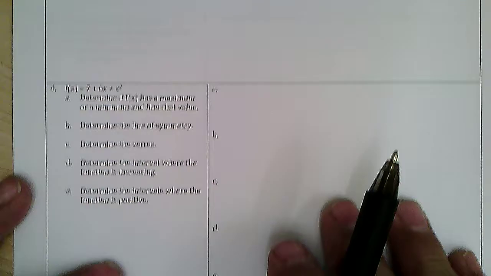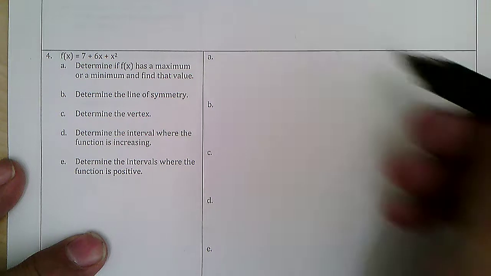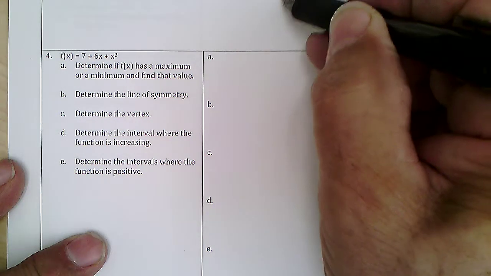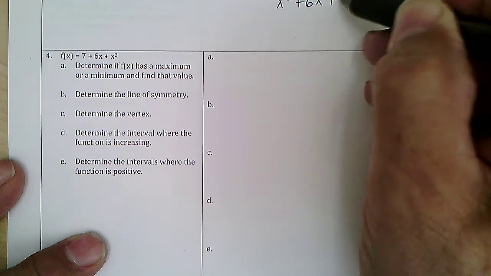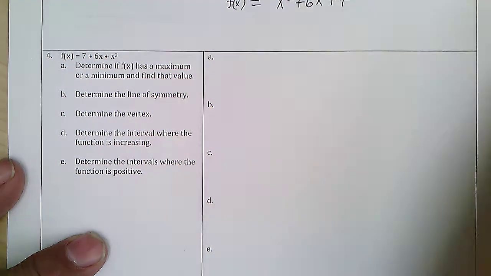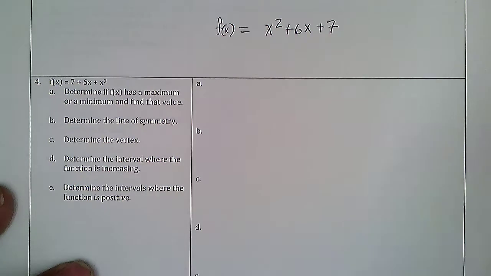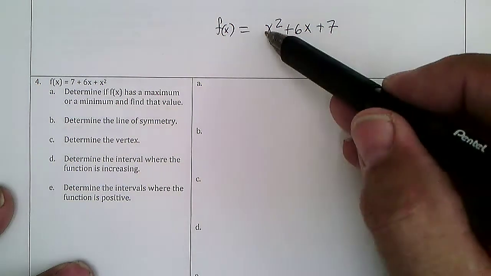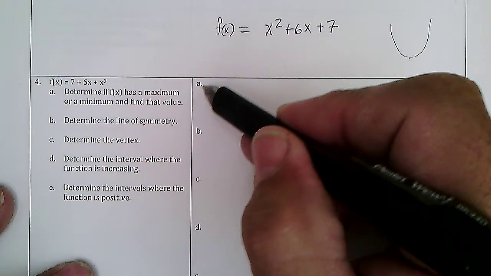Okay, we're down to 4. So this is written kind of funny here. Let's straighten it out. This would be x squared plus 6x plus 7, putting the terms in decreasing power order. And so this is a right side up parabola, so it will have a minimum.